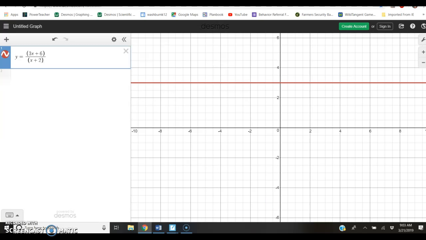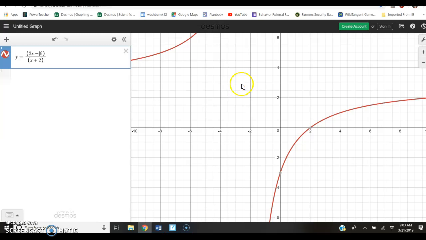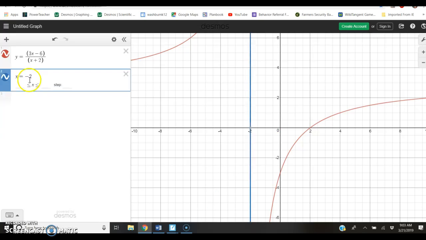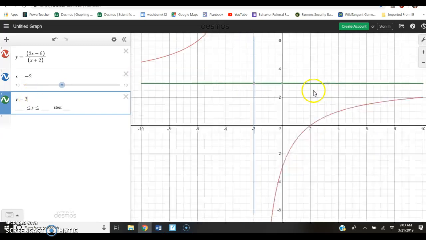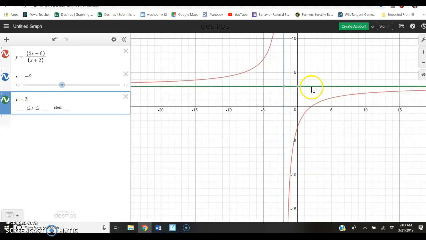Plus 2, and the numerator was a minus 6. Look at that. And if we put in x equals negative 2, see how that's a vertical asymptote, and y equals 3, there's my horizontal asymptote. I can pull this in so we can see it better. Very much verifies what we just looked at.